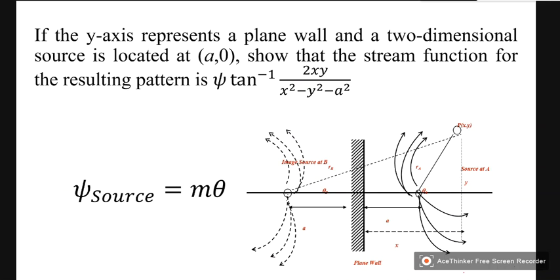So now what we will do is, we will consider any point P, and we will write here psi is equal to m theta. I have, in my typing, missed that m.